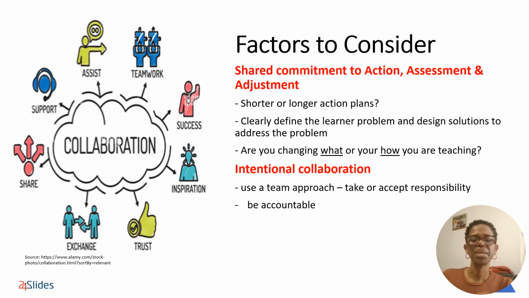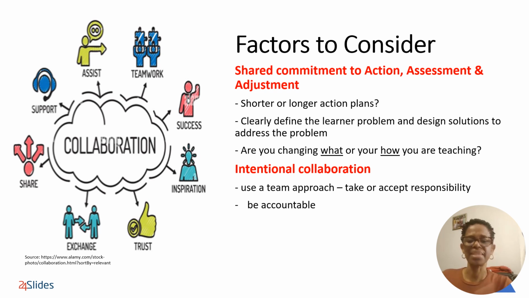And we also need to be accountable. If you're accountable to your instructional leader or to your school principal, or even to the person that you co-teach with, maybe there are two of you teaching a year level, and if you are accountable to each other, then it means I will do what I'm expected to do, and I will do a little bit more because somebody is dependent on me.